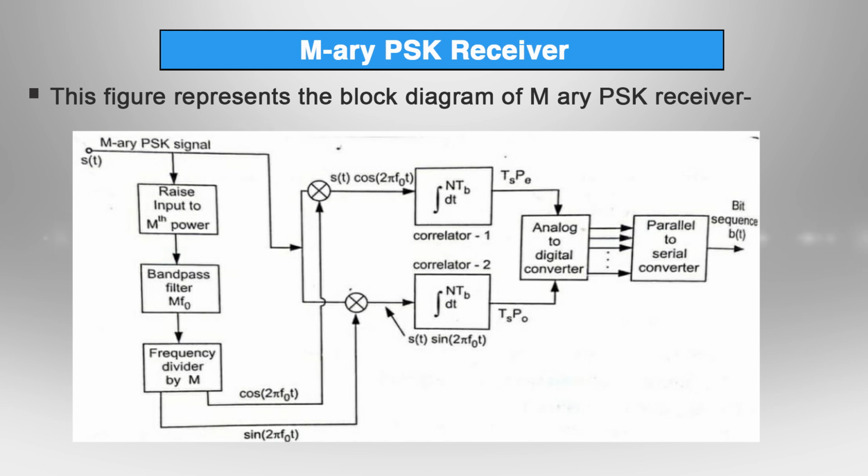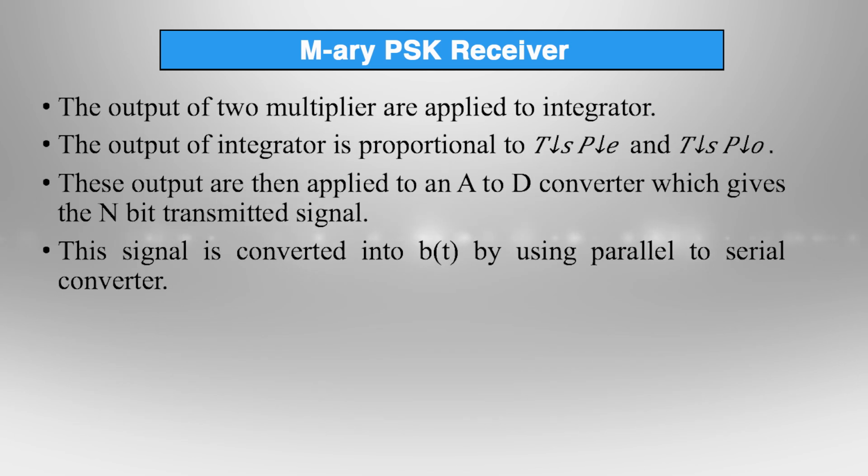These recovered carriers are applied to 2 multipliers, and the other input to each of the multiplier blocks is connected to the received M-array PSK signal, that is S of t. The outputs of the 2 multipliers, that is S t into cos 2 pi f c t and S t into sin 2 pi f c t, are applied to integrators.